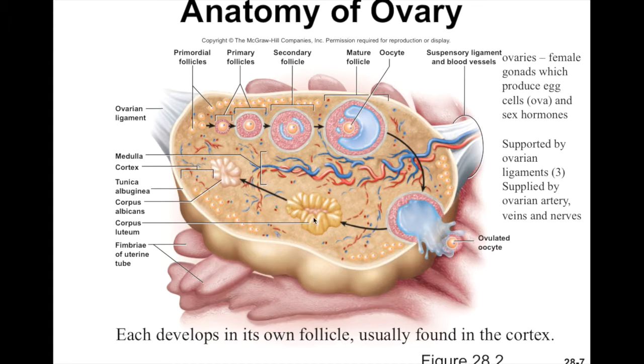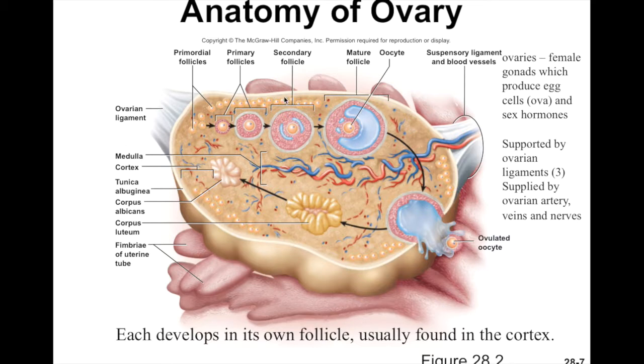After that, the corpus luteum then moves on to become the corpus albicans. Albicans, like albino, meaning very white. It almost looks like scar tissue. Now keep in mind, both ovaries aren't doing this at the same time every month. Sometimes it alternates. But there are possibilities when you have twins that aren't identical.